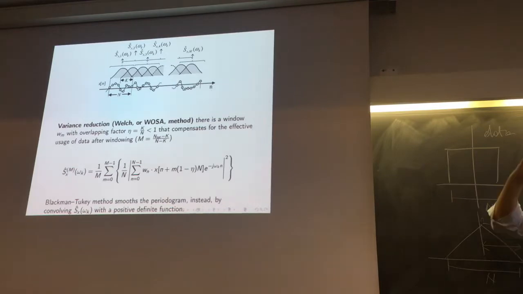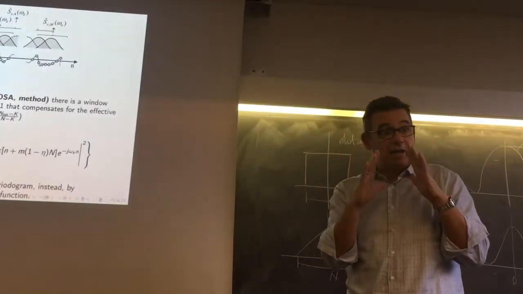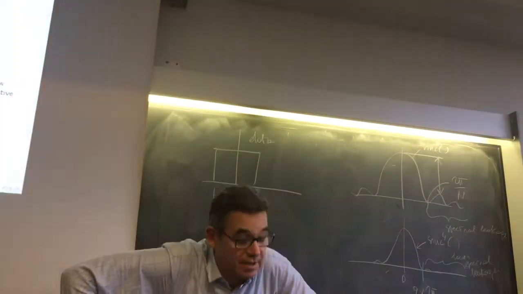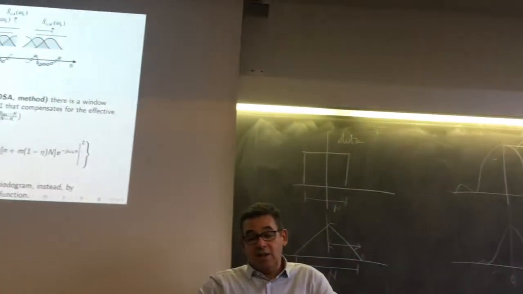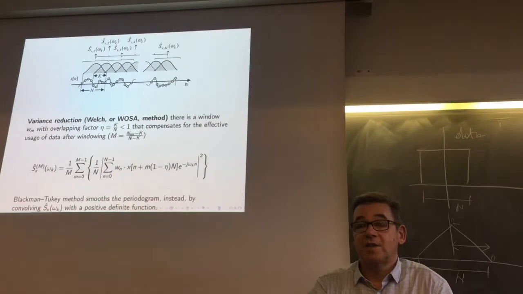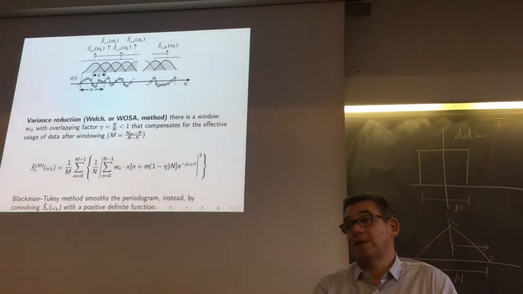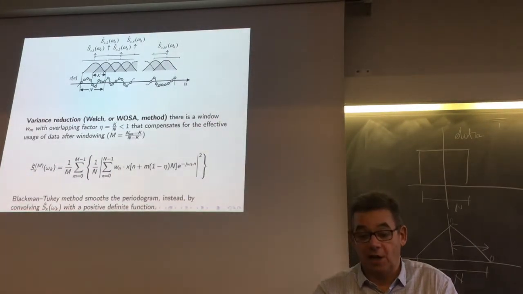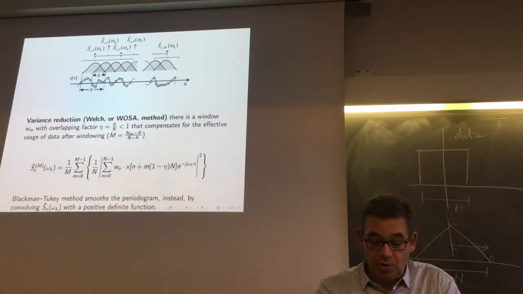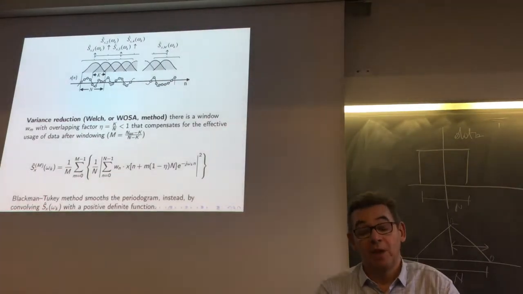By tapering the data on the left or right, the positive and negative values of time, you are losing energy. So how do we compensate for this lost energy? You need to overlap the windows.